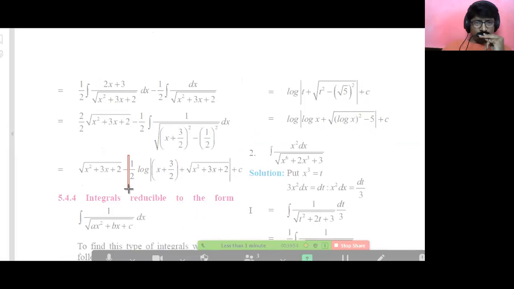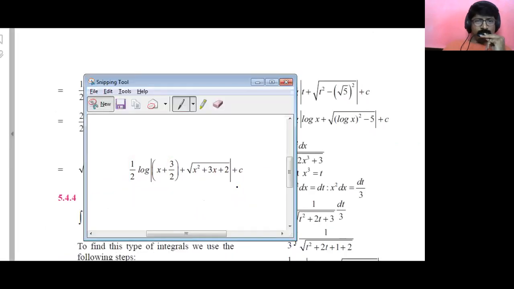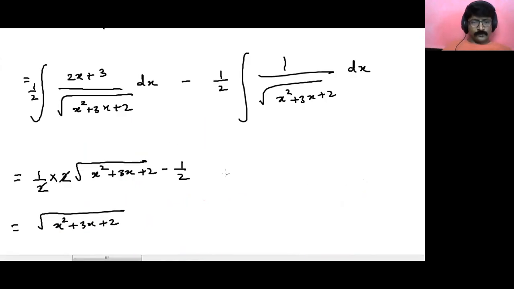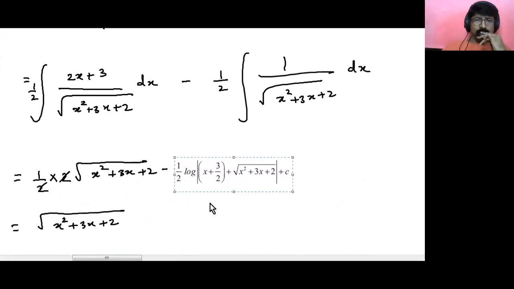So I'll paste this part and then we are done. So simple, guys, so simple.